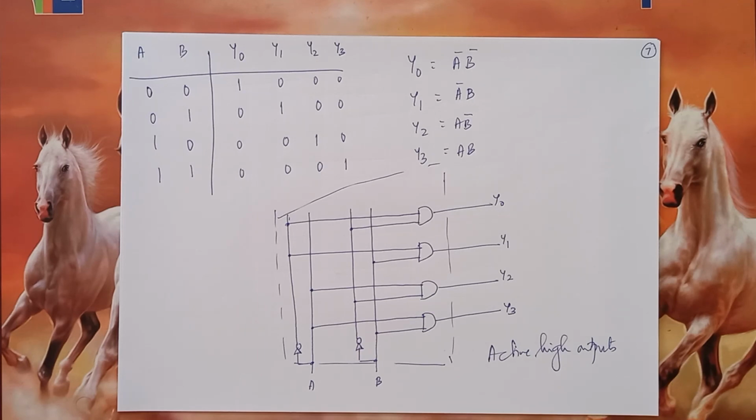Just like the opposite of what we would expect, a decoder has multiple outputs for the same number of select inputs as that of a mux. So the number of outputs of a decoder is equal to the number of data inputs of a mux. And what we saw was that decoders can be of two types, one with active high outputs, the other with active low outputs.